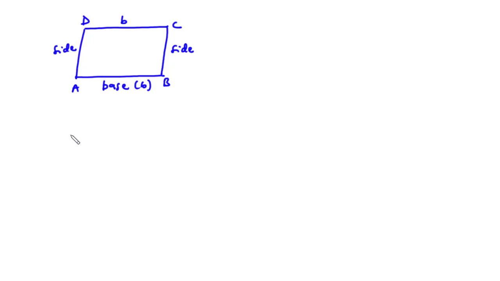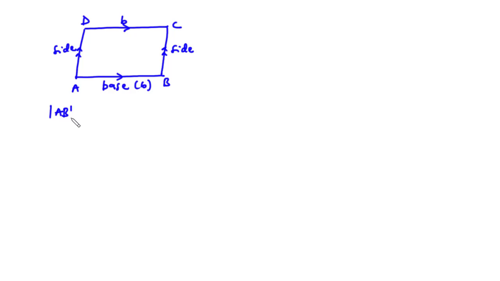So for a parallelogram, we say that the opposite sides are parallel. That is, AB is parallel to DC, and they are equal in length as well. The same happens to AD and BC. They are also parallel and equal in length.